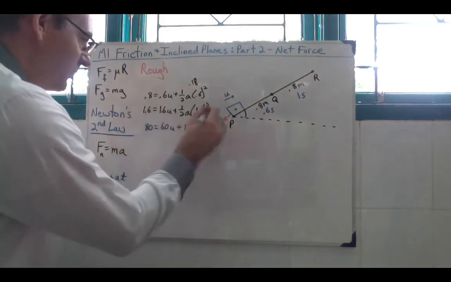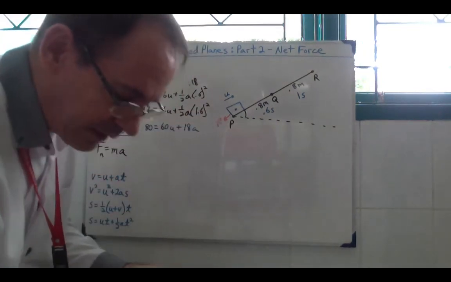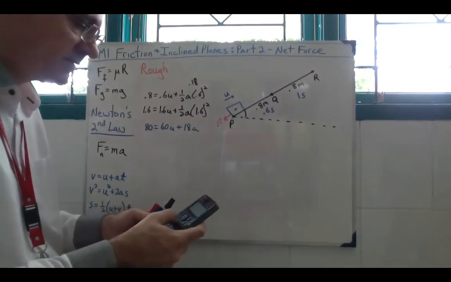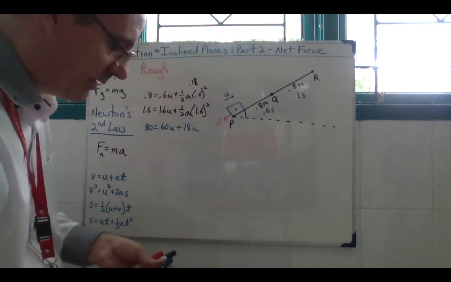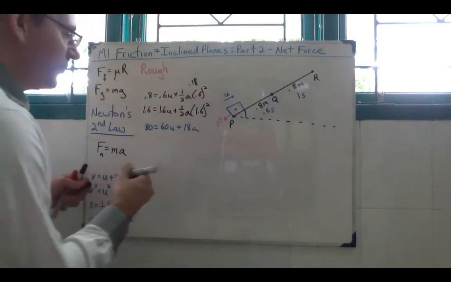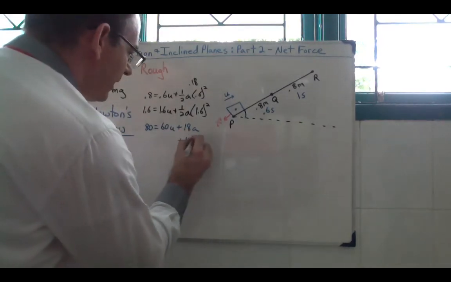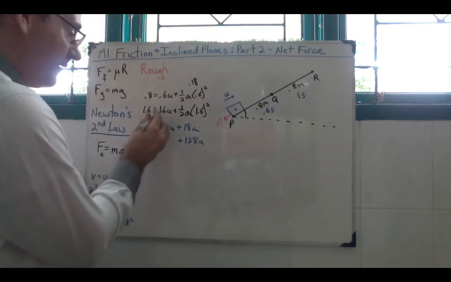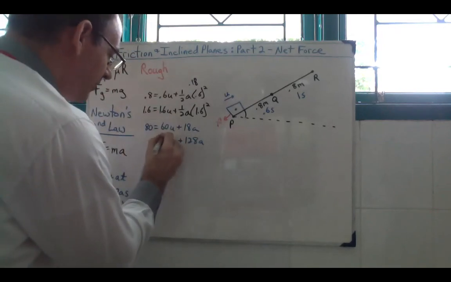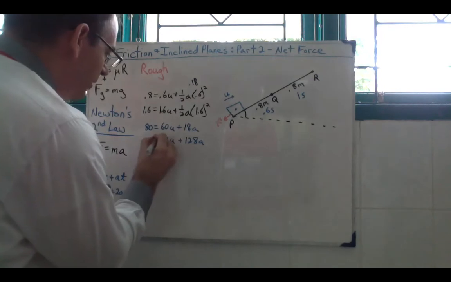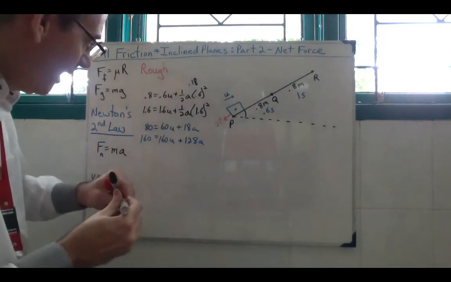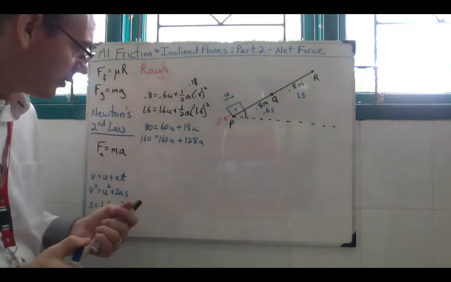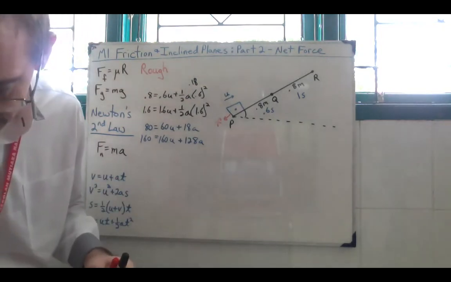Okay, and then this one down here, we need to take 1.6 squared, divide it by 2, which is 1.28. So we're going to make that 128a. And then this becomes, moving over twice, 160u, and this 160. So we can probably clean this up a little bit.